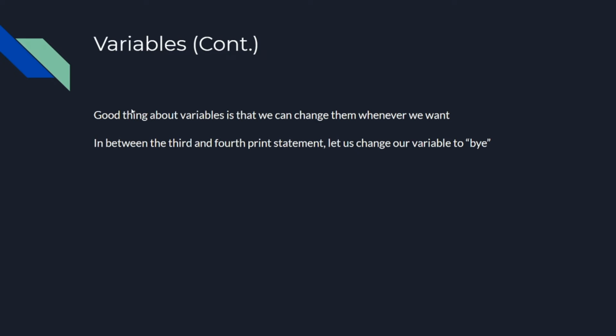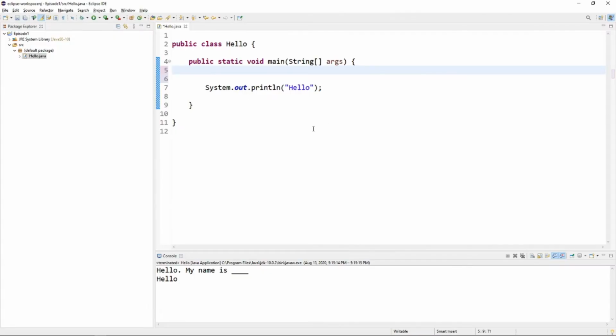And one good thing about variables is that we can change them whenever we want. So if we go back for a second, let's try and use a variable. We talked about how strings hold words or phrases.